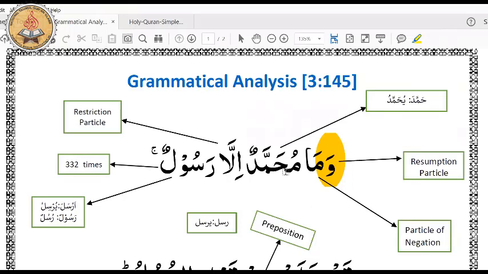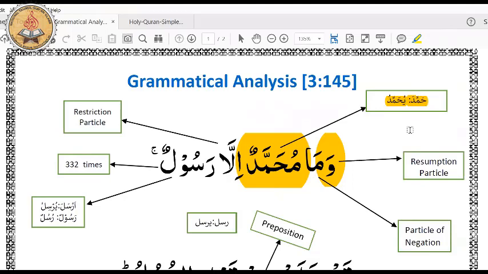After that, the third word is Muhammadun. We know that this is the most beautiful human name, the name of our beloved master, the Holy Prophet Muhammad sallallahu alaihi wasallam. Its root is here, as you can see with the arrow.